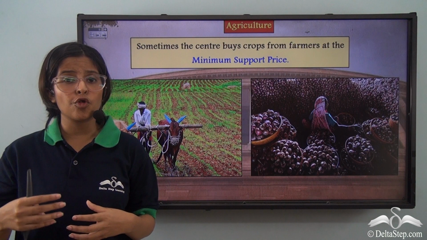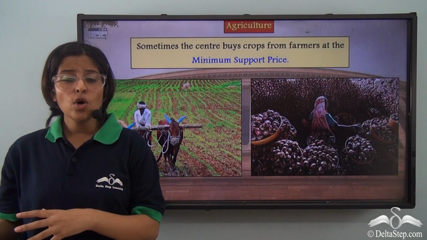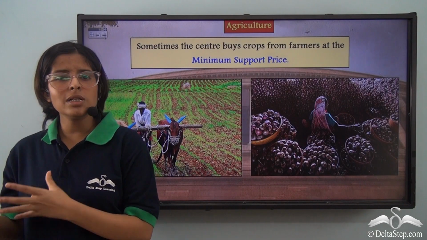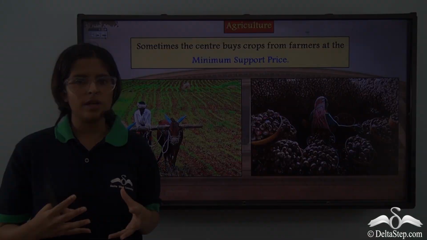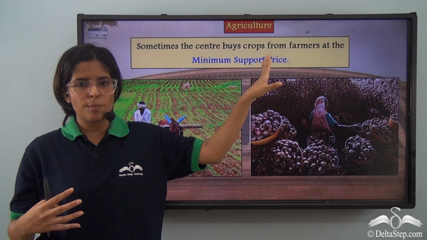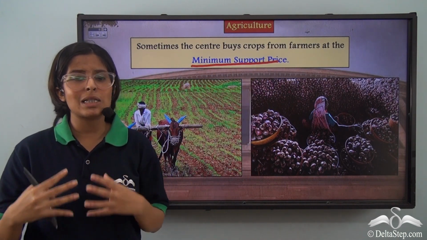The prices of crops tend to rise and fall very suddenly. So the center has to give certain guarantees that the farmers will get an income all around the year. For example, sometimes the center buys crops from the farmers at the minimum support price or the MSP.